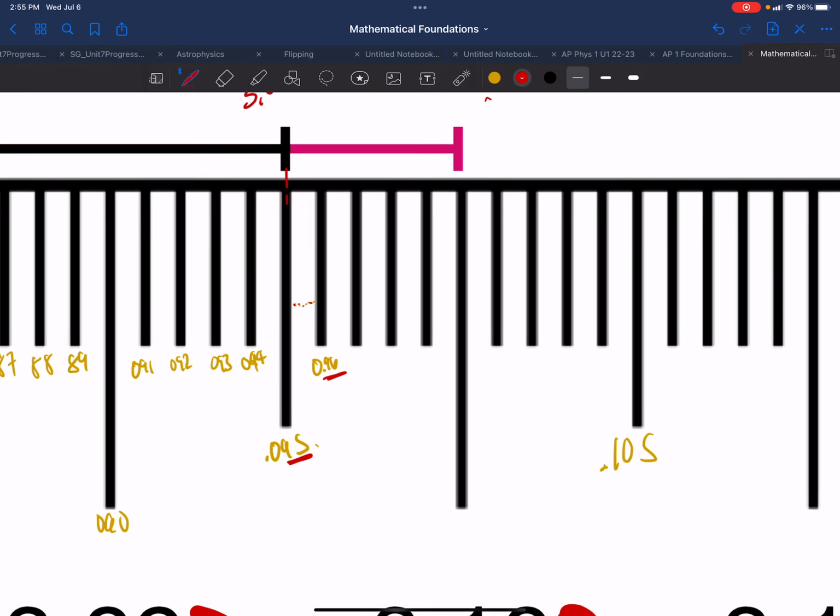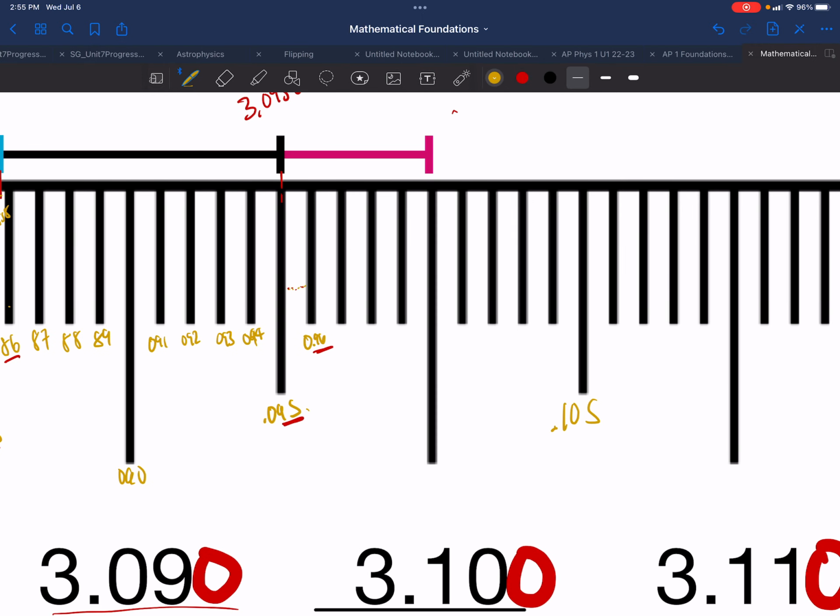Moving on to the magenta, 0.097, 0.098, 0.099. And this is 0.100, 0.101, 0.102, 103, 0.104, and 0.105.